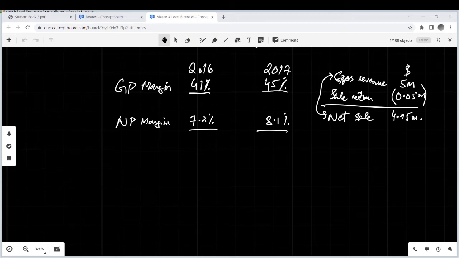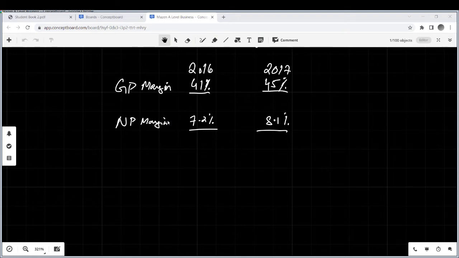So we have revenue less cost of goods sold.